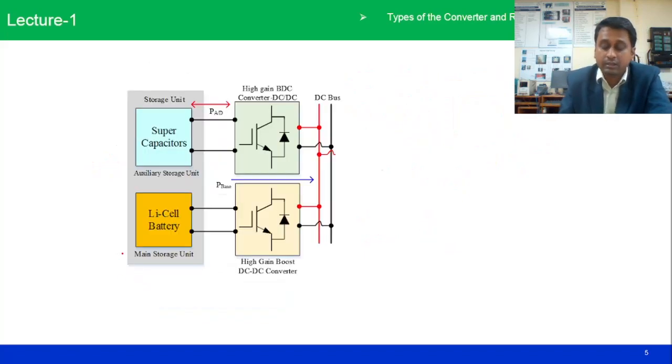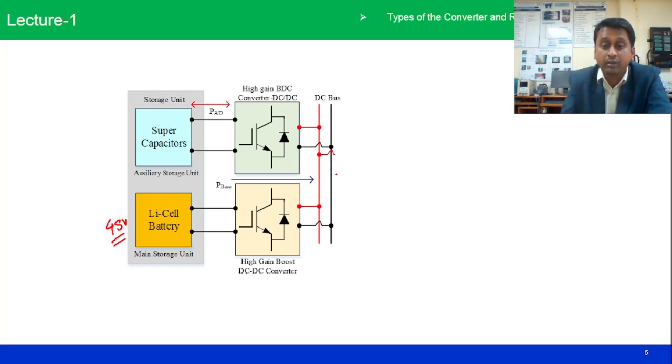Now next, another important aspect of the converter requirement is the usability of battery power for the drive. As the name suggests, the lead acid battery is the main energy unit of the electric vehicle. Now lithium cell battery voltage is around 48 volt.